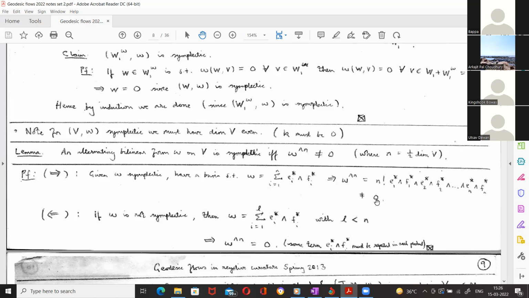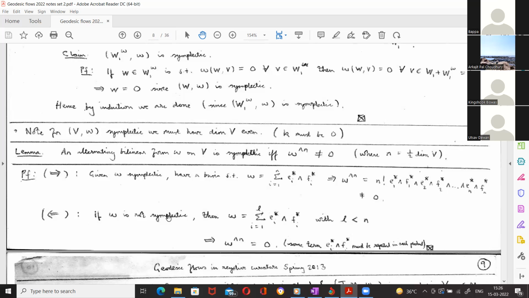Okay. Now, for the converse, we're given that omega wedge power n is non-zero. We have to show that omega is symplectic. So let's suppose omega is not symplectic, for the sake of contradiction.